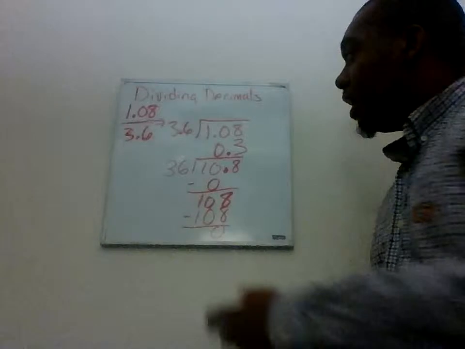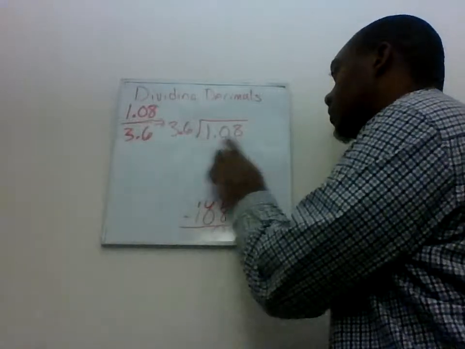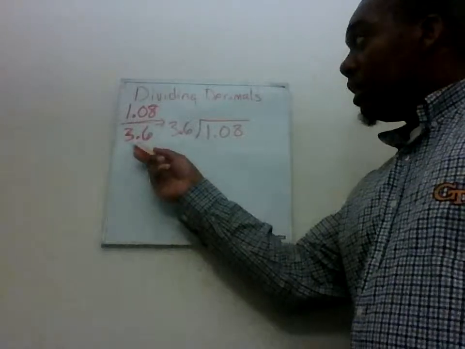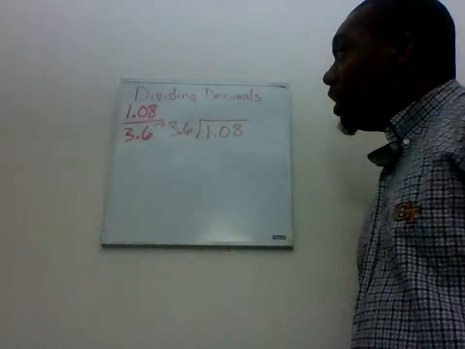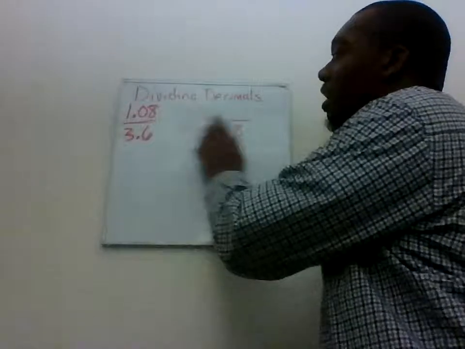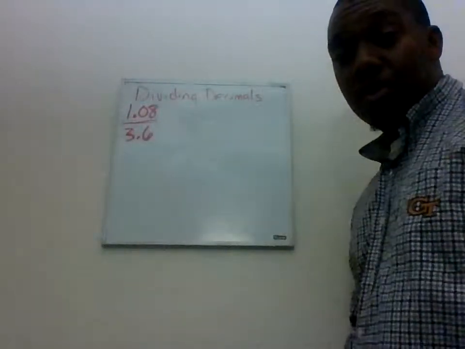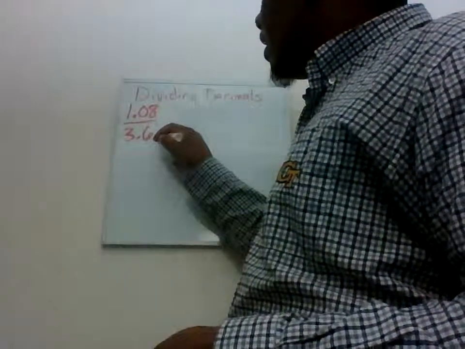If you forget that you need to move the decimal over, what I like to do is keep it written in this form, because remember, a fraction is just division. To start off, I know the denominator needs to be a whole number in order for this to work. So I would move the decimal over here.